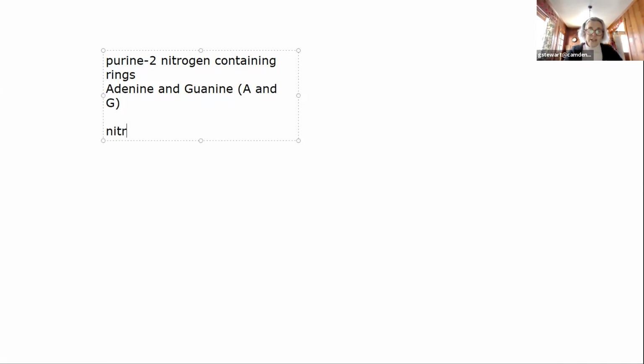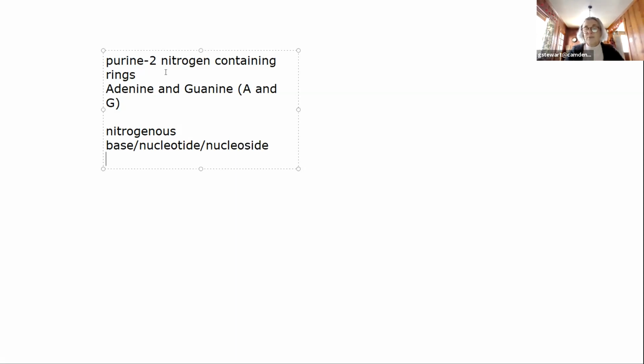If it's a nitrogenous base, a nucleotide, or a nucleoside. The nucleoside is when it has the sugar attached. You can just remember S for sugar. The nucleotide is when it has the sugar and the phosphate attached.